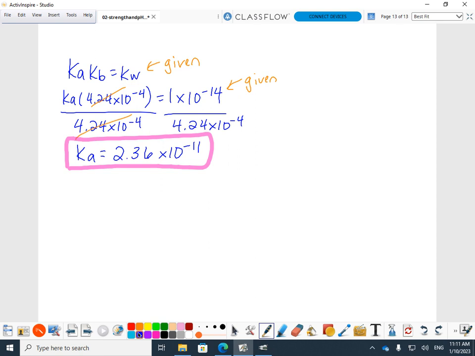You could also do Kw equals hydrogen ion concentration times hydroxide, solve for hydrogen, and then do pH, but that is a little bit more math. So usually students do not choose to do it that way, but you totally could. And all of those formulas are on the formula sheet, okay?